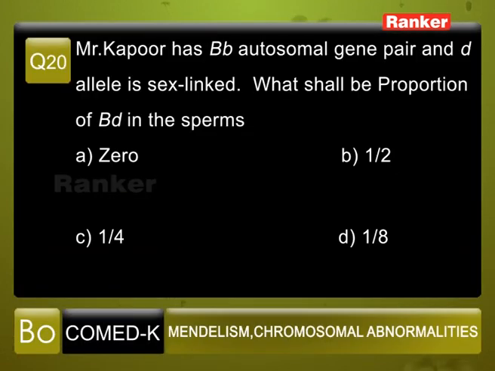Mr. Kapoor has capital B small b autosomal gene pair and D allele which is sex linked. What shall be the proportion of capital B small d in the sperms? The choices are A is 0, B is half or 1 by 2, C is 1 by 4 or quarter, D is 1 by 8.